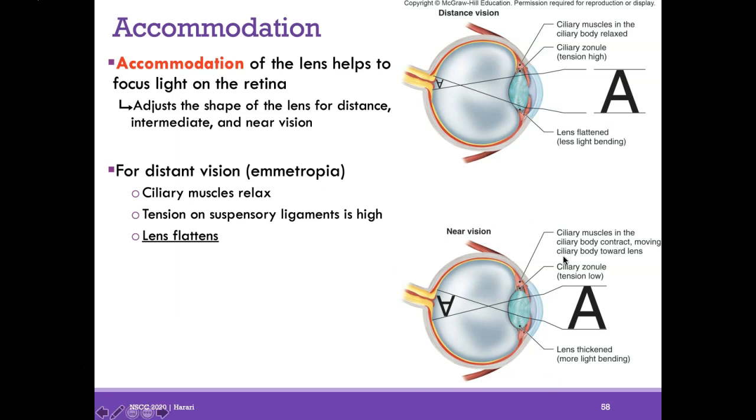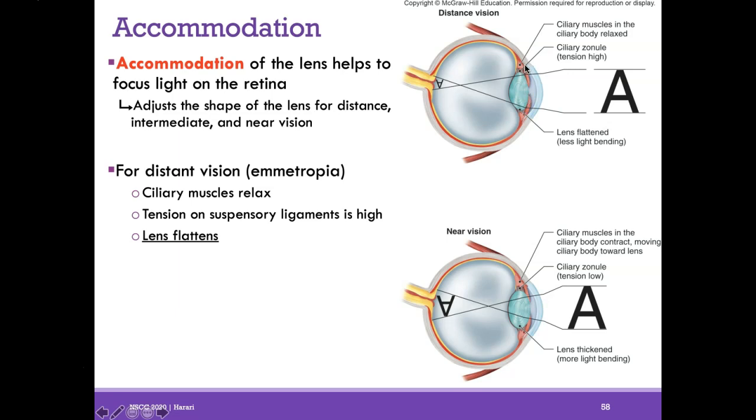So in distant vision, emmetropia, the ciliary muscles are relaxed, and the lens is pretty flat. We don't need to do a lot of bending.